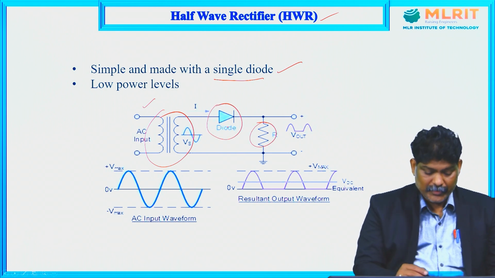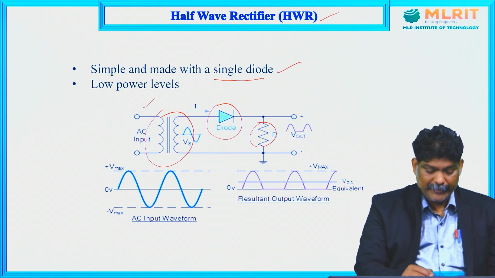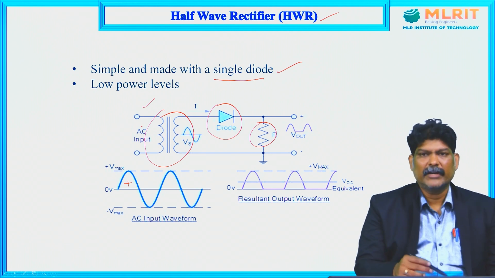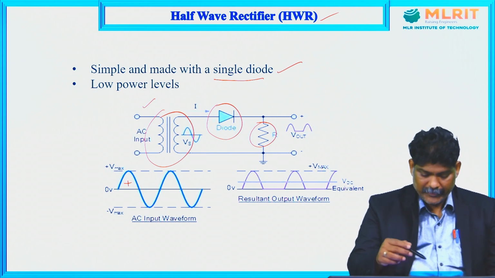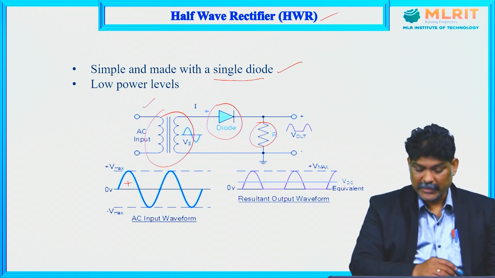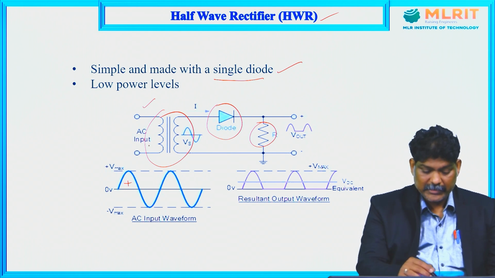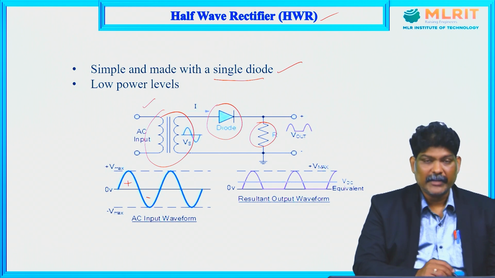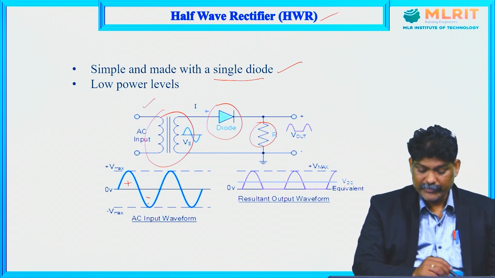This is the input signal. This AC input signal is applied to the transformer. We have different kinds of transformers, which will be explained in the next slide. To this transformer we are giving the AC input, that is 230 volts, with positive cycle and negative cycle.